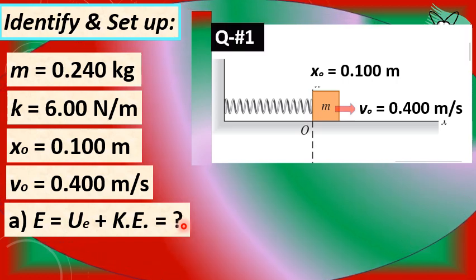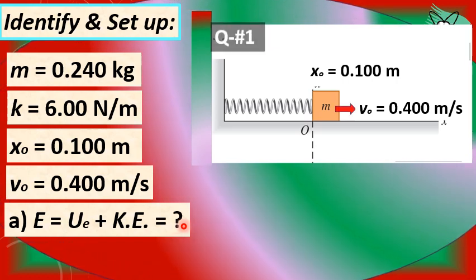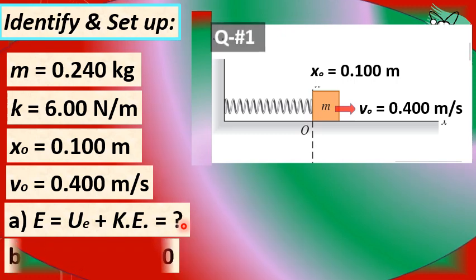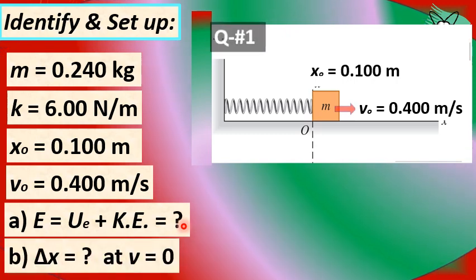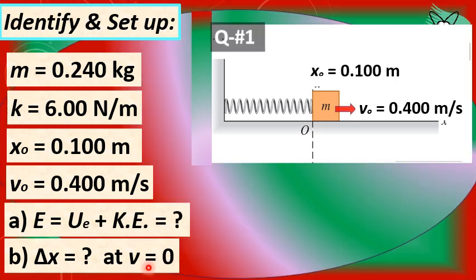Now, in question letter B, we are asked, by what distance delta x is the spring stretched when the glider comes momentarily to rest, that is, when the final speed v is equal to 0.